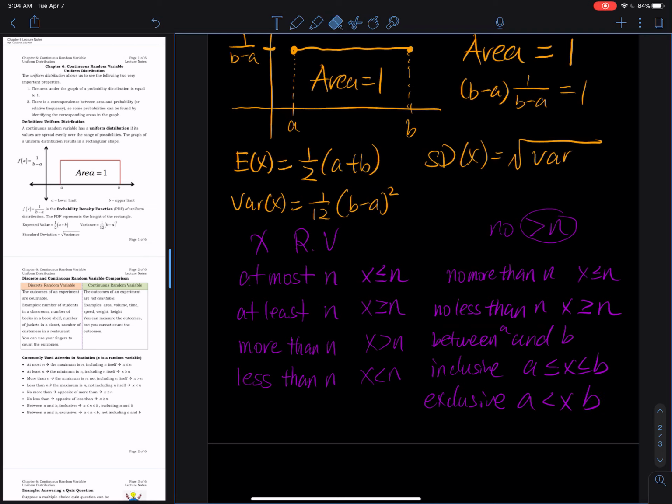If you say n is between a and b, feel free to change that to an n, or using x is fine. As long as your inequality symbol is right, you'll be okay. All right, so that is the introduction of the uniform distribution. In the next video, I will show you the first example of uniform distribution.